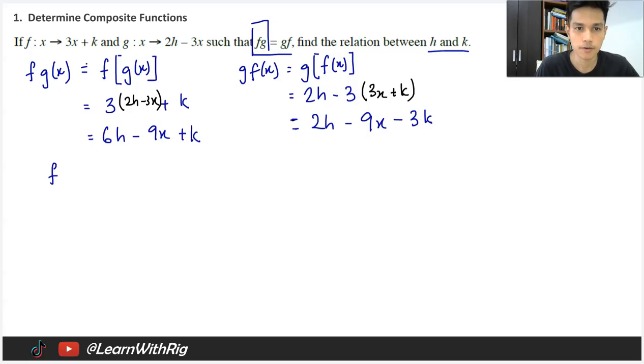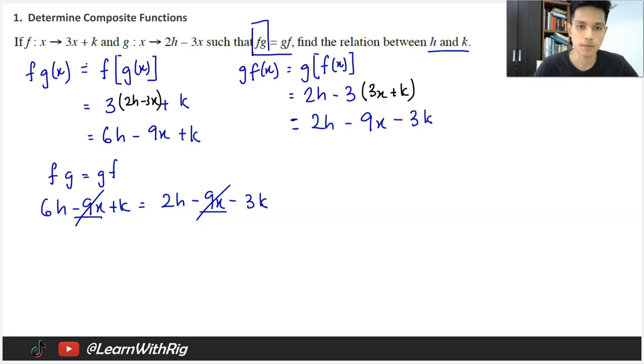Okay, so now you can use this equation. They said fg is equal to gf. So let's substitute: 6h − 9x + k is equal to 2h − 9x − 3k. These two terms are the same, right? So you can actually cancel it, it becomes 0, because when you shift, it becomes plus, so you still get 0.